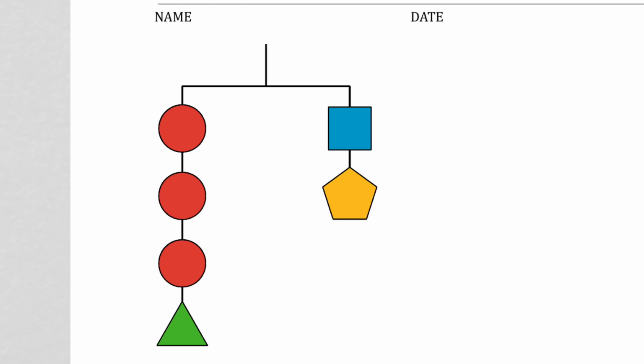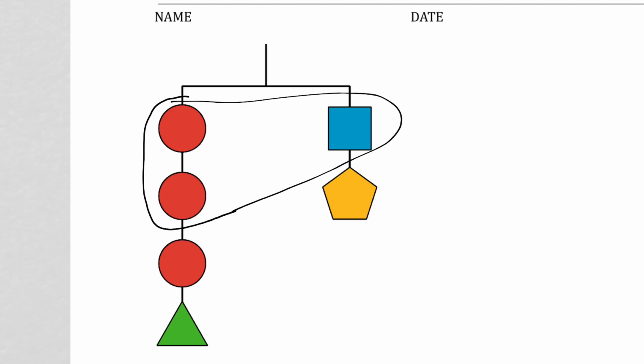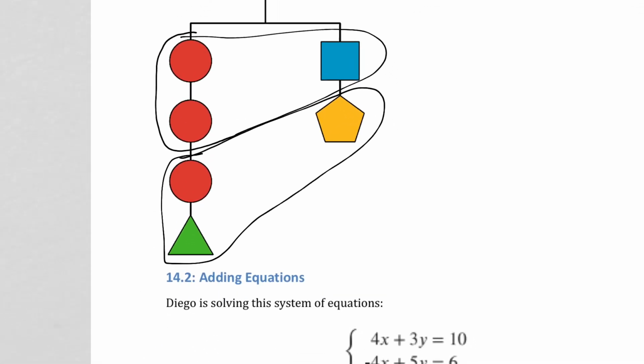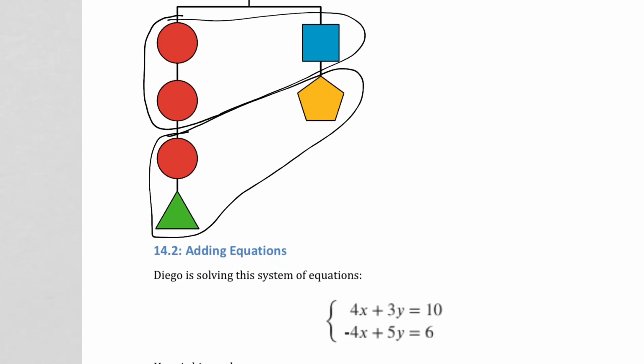Yeah. Okay, so we had 2 circles equals what? 1 square. And 1 circle and 1 triangle equals 1 pentagon. Okay, so if we add those together, it's still going to be equal, right? Okay, so let's go on to adding equations.